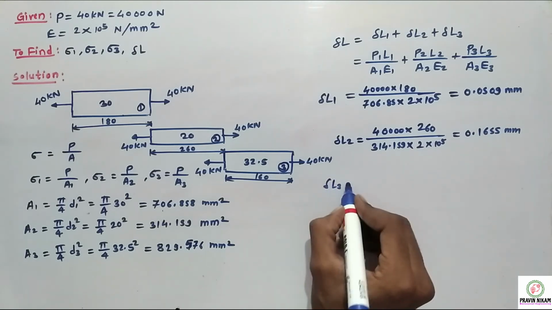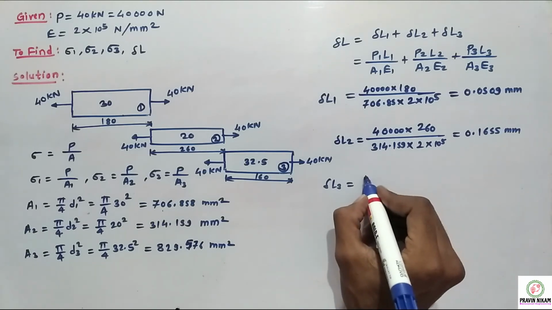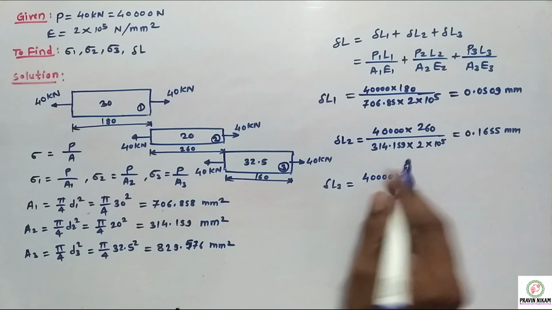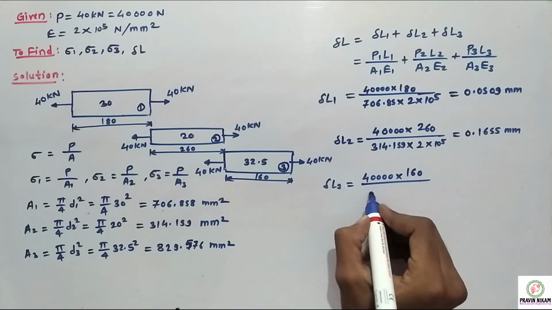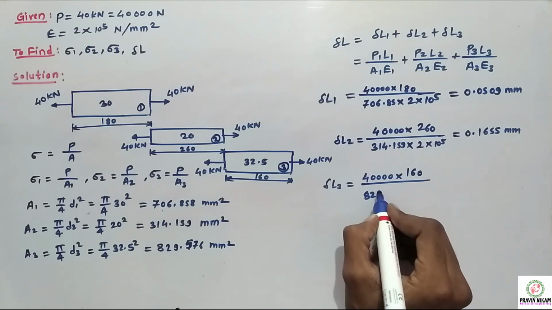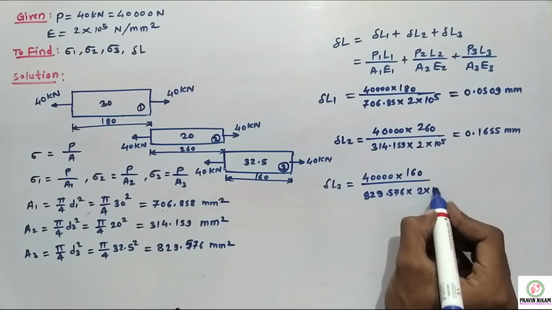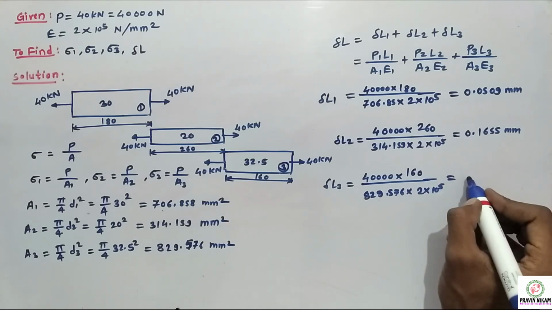Then delta L3 is equal to P3 L3 divided by A3 E3. So P 40,000 into L3 160, divided by A3 829.576 into E 2 into 10 raised to 5. So this becomes 0.0385 mm.